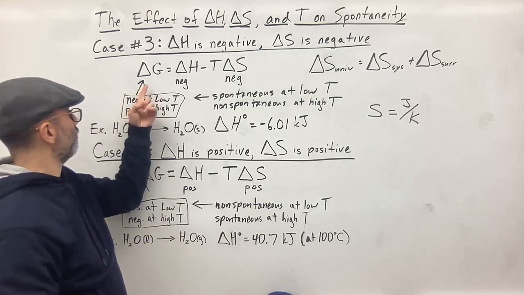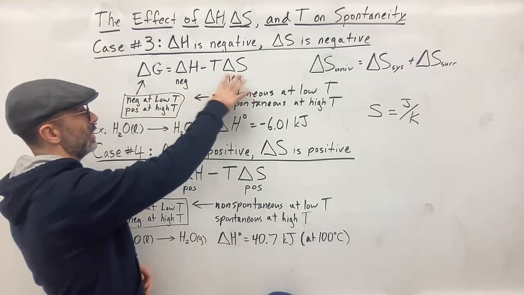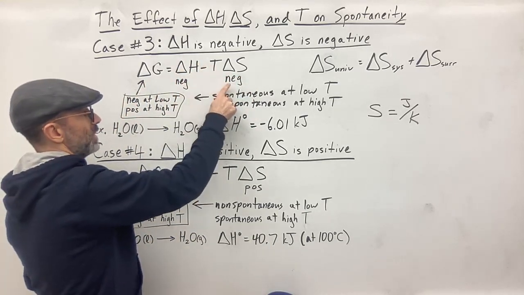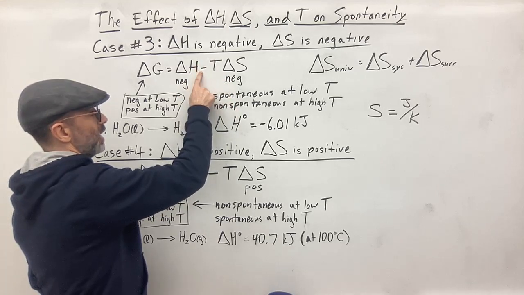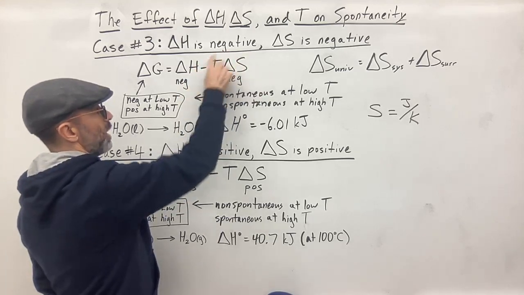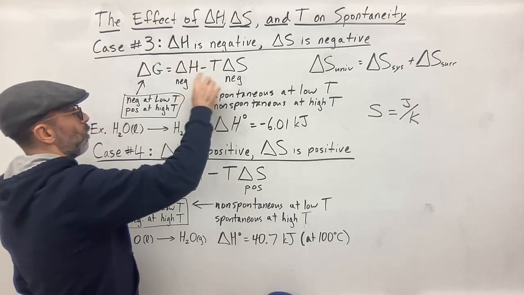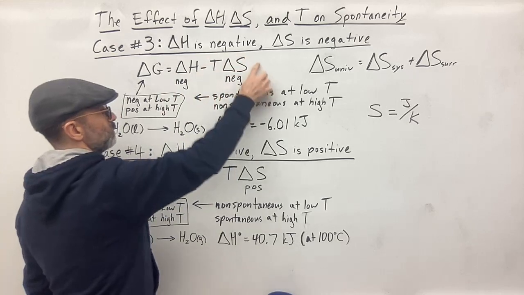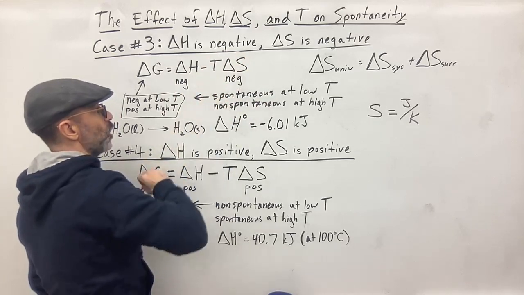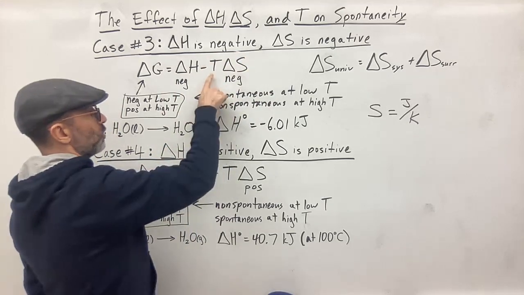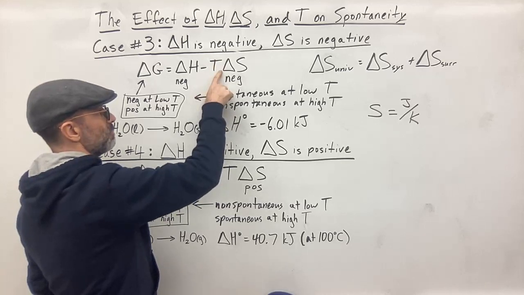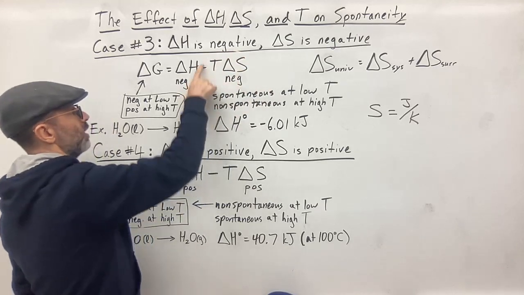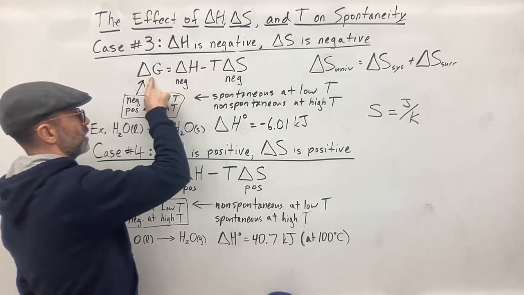So we're going to get a negative value of our delta G, and you can see that in the equation. So if this is negative, and we have a negative and a negative here, that means that this is going to be positive. So in order to get this to be negative, we need this positive part to be as low as possible. So if we decrease T, then this part will be low enough where the two added together is going to be negative.